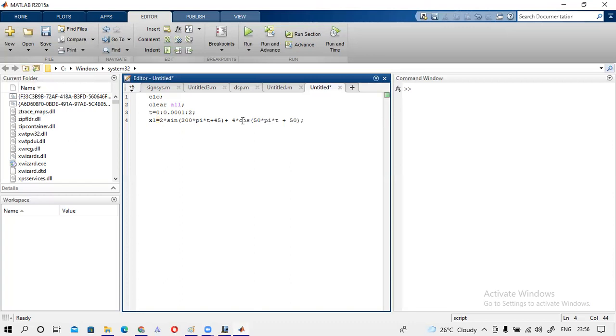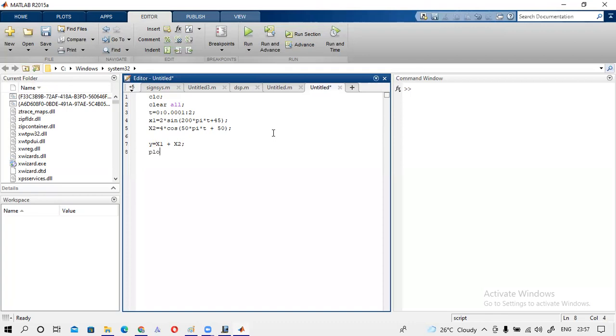So we will take this as x2. Now what is our composite signal? It is x1 plus x2. Okay, so this is our signal.